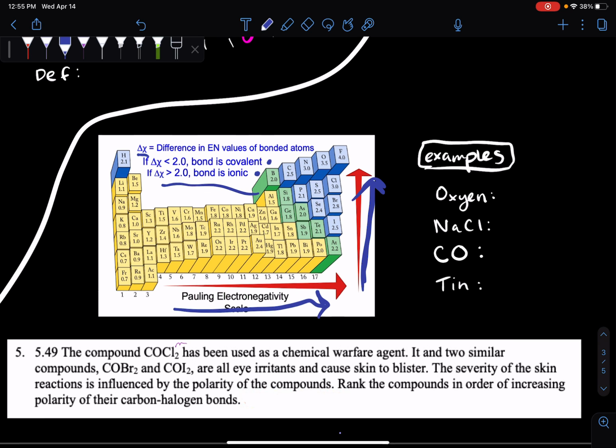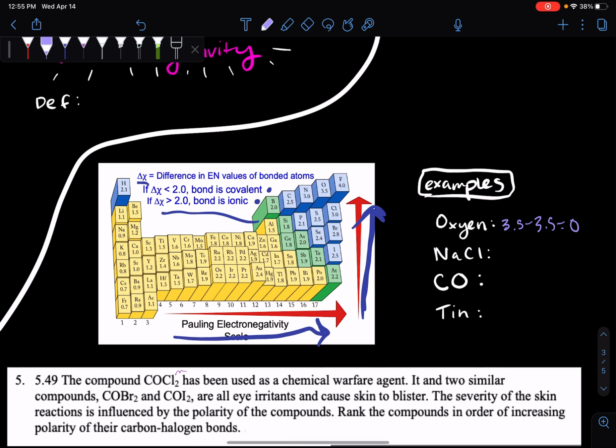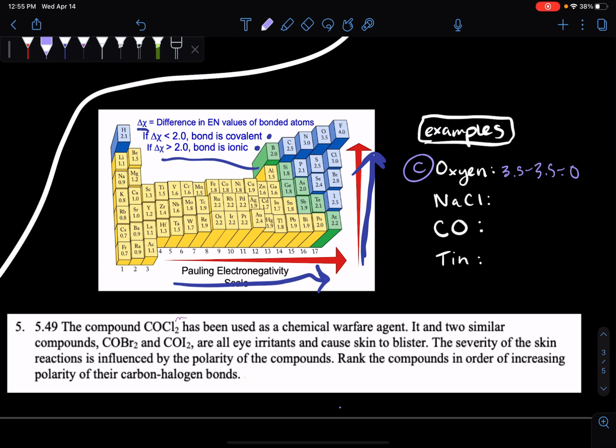Let's do some examples. So here, we're going to have oxygen. Well, that's going to be 3.5 minus 3.5, which is 0. So this is going to be covalent because it's less than 2. Okay, NaCl, that one is going to be 0.9 minus 3.